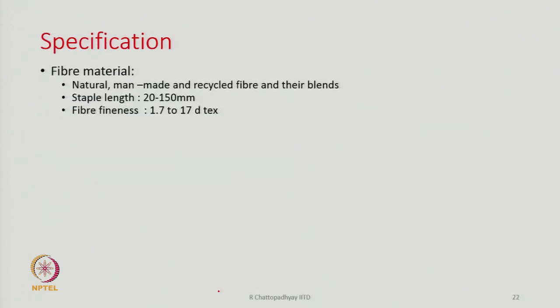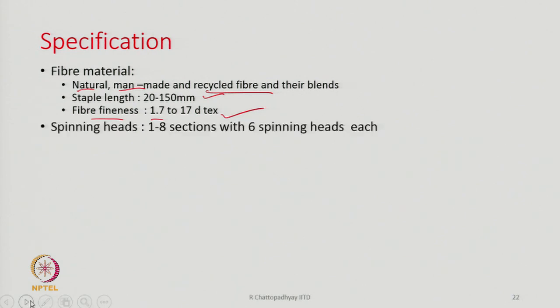Specifications of the machine. Fiber: it can handle natural, man-made, recycled fibers and their blends. Staple length 20 to 150 mm, fiber fineness 1.7 to 17 dtex. So, dtex and denier are very close to each other. Spinning heads: 1 to 8 sections, with each section having 6 spinning heads.